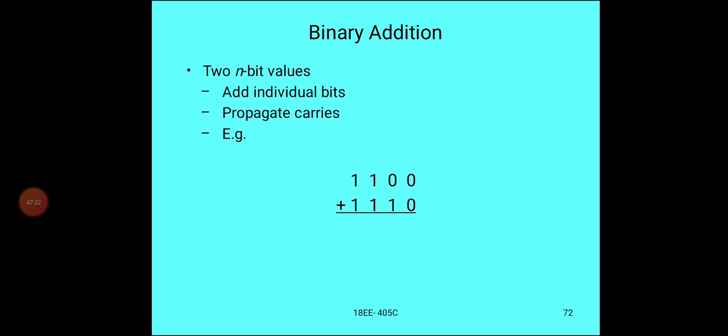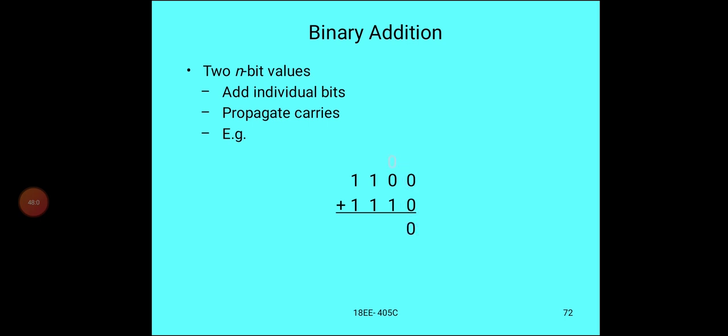1100 plus 1110. The addition is performed between the two numbers. 00 means sum 0 carry 0. 01 means sum 1 carry 0. 11 means sum 0 and carry 1. With three ones, the sum is 1 and the carry is 1.